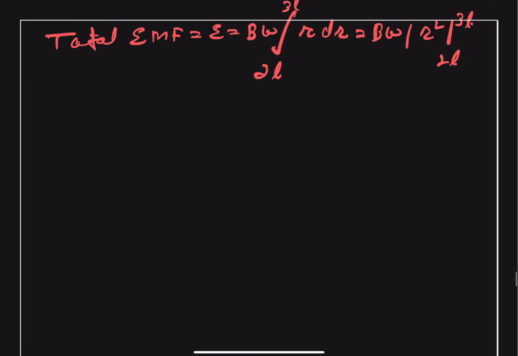We get induced EMF E equal to B omega, and this comes as 9L square minus 4L square, divided by 2, which is B omega times 5L square upon 2.